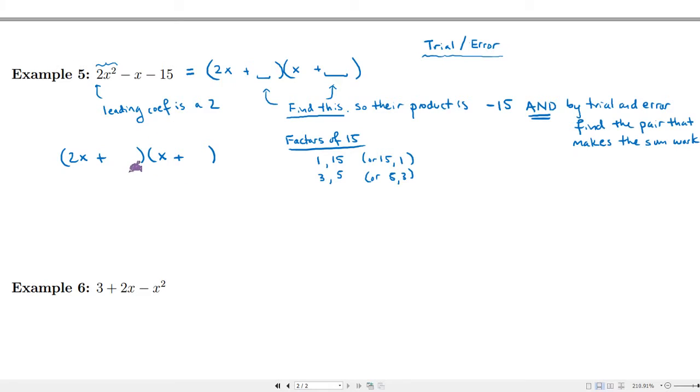Now, by trial and error, you're going to select what to put in here. So what are the possibilities that we can actually have? You know what? Let me erase this for just a second, and let's start writing this in. So what are some possibilities?